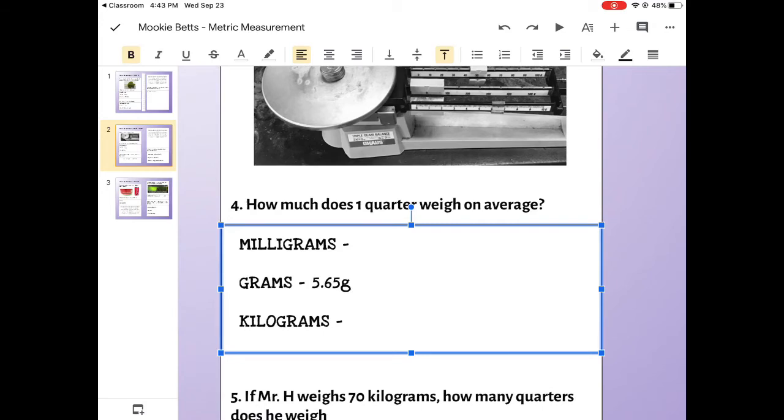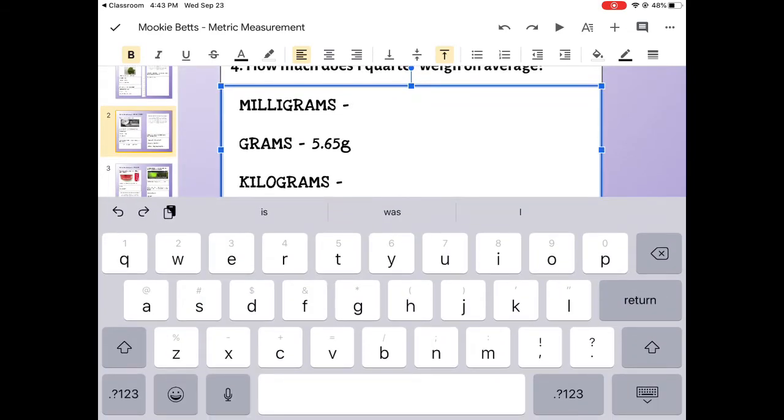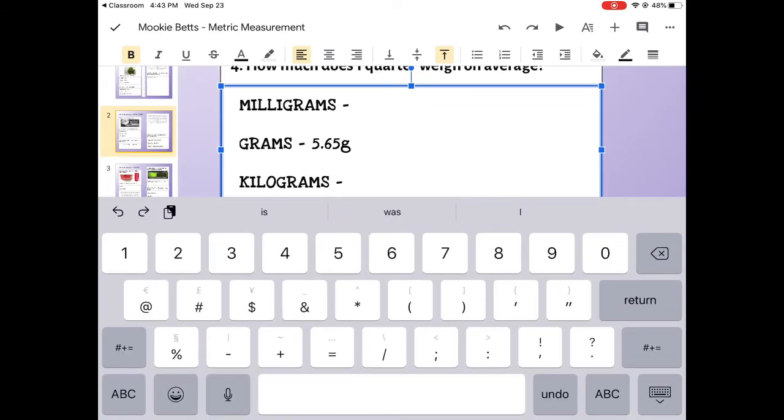To go to milligrams or kilograms, we need to decimal hop. And so the decimal needs to move 3 hops to the left to get 1,000 times smaller to go to kilograms. So we actually keep the same numbers, and we just get some zeros.